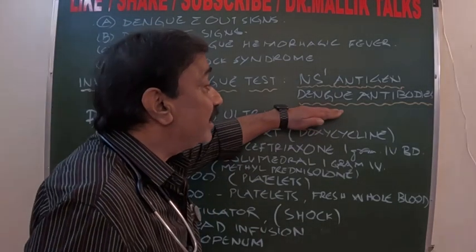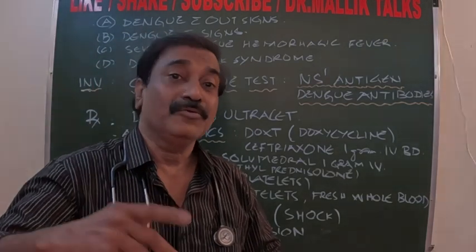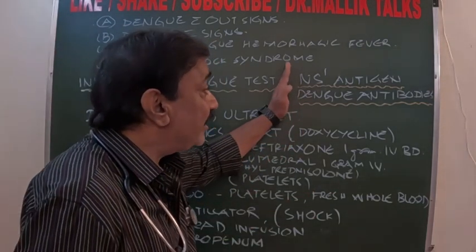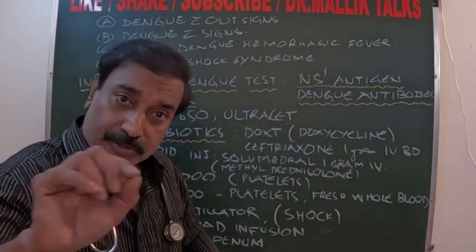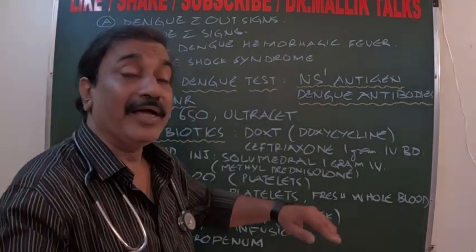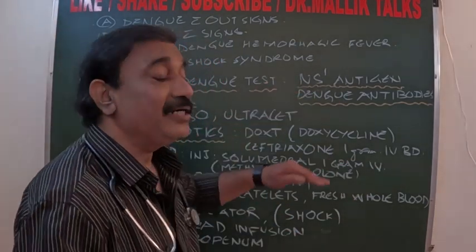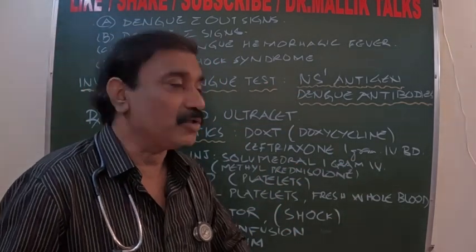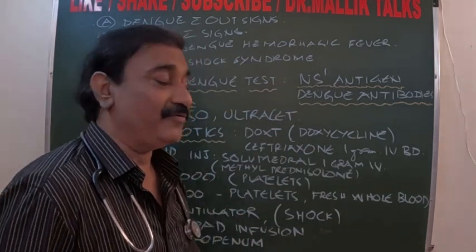Dengue antibodies become positive only after 4 or 5 days. So you first get the NS1 antigen done. If it is positive, you start the treatment. Dengue antibodies are done after 4 or 5 days, because the antigen after 1 week may not be positive.